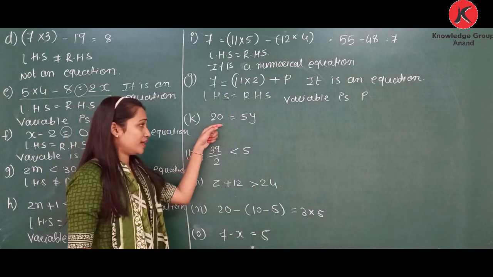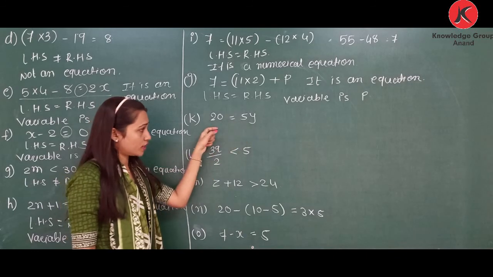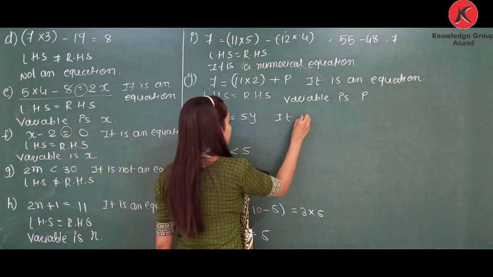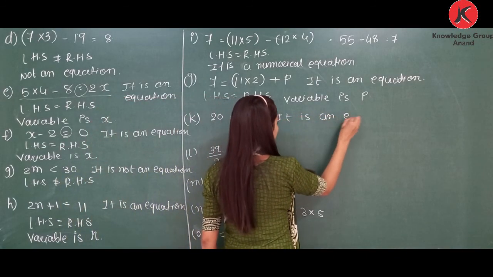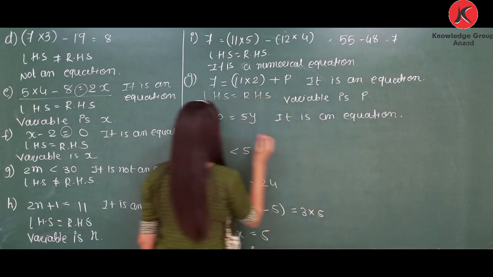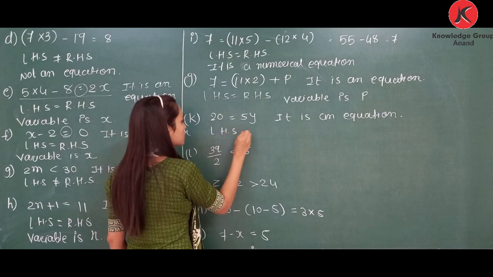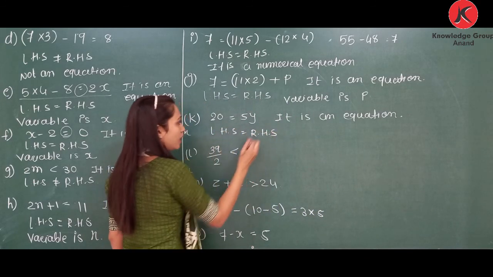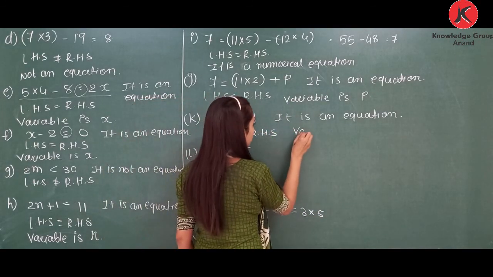Next one, 20 is equal to 5y. So again it is an equation. Reason: left hand side is equal to right hand side and variable is y.